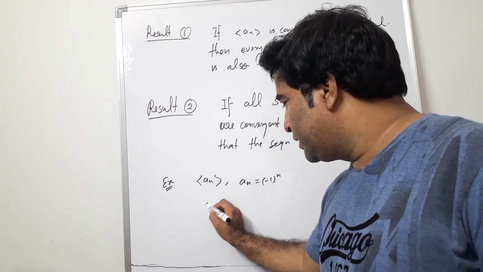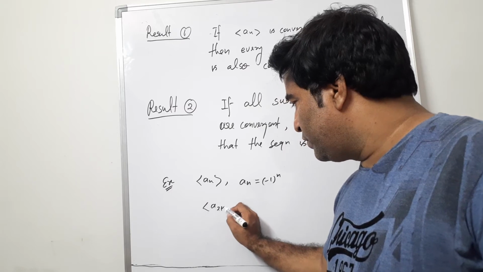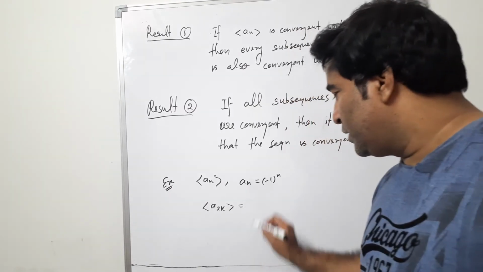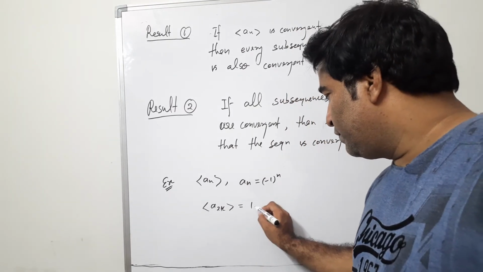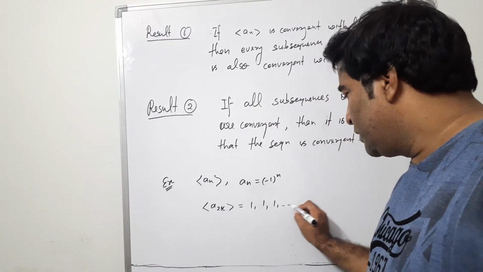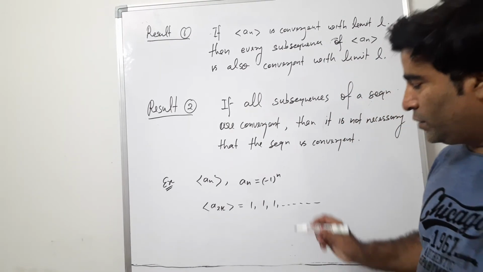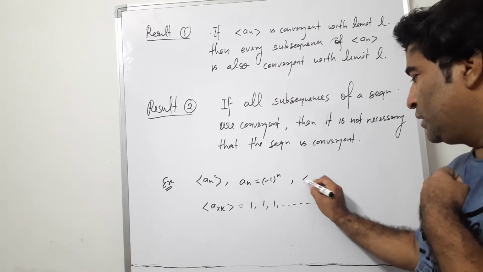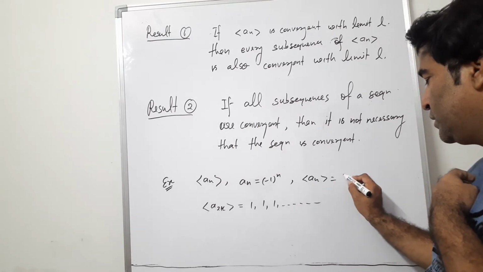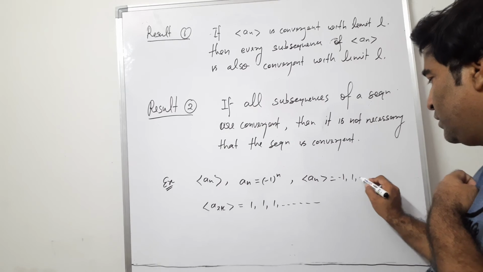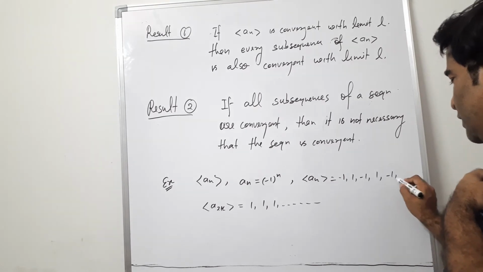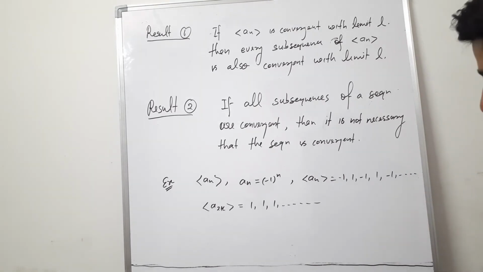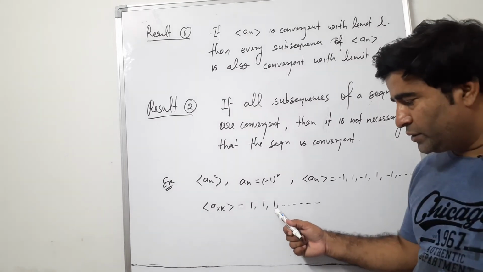If we take the sequence of even terms, then we have 1, 1, 1 and so on, because the mother sequence is -1, 1, -1, 1, -1 and so on.